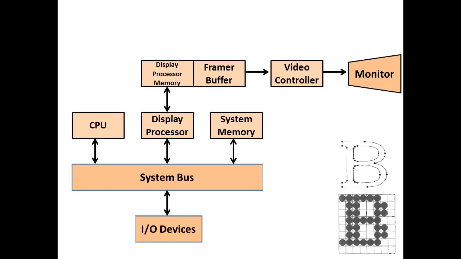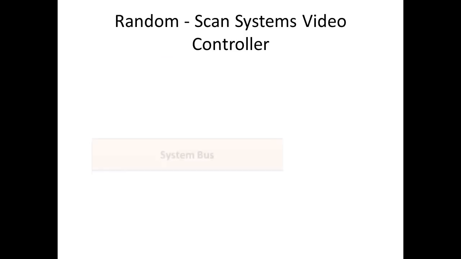Scan converting a straight line segment, for example, means that we have to locate the pixel positions closest to the line path and store the intensity for each position in the frame buffer. Similar methods are used for scan converting curved lines and polygon outlines.